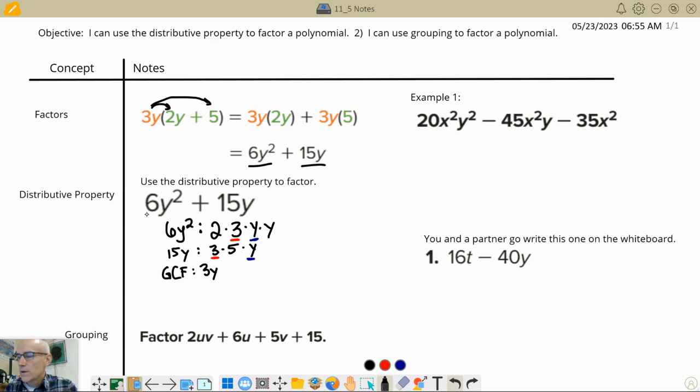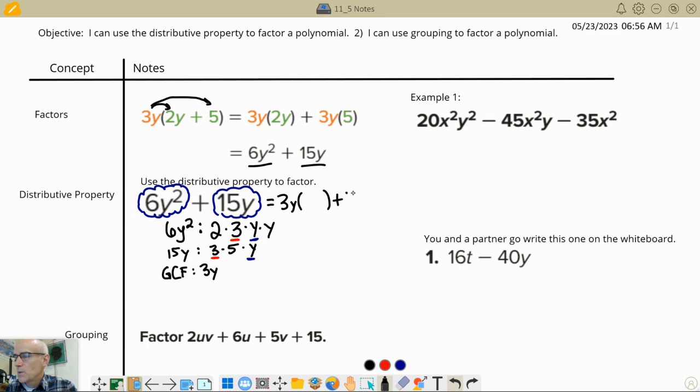Okay. So the next thing I do is I write each one of these terms. Let me put a little bubble around this. Here's a term, right? And here's a term. I'm going to write those terms with the GCF as one of the factors. So in other words, I'm going to write 3y times something, and that's going to be equal to my 6y squared.